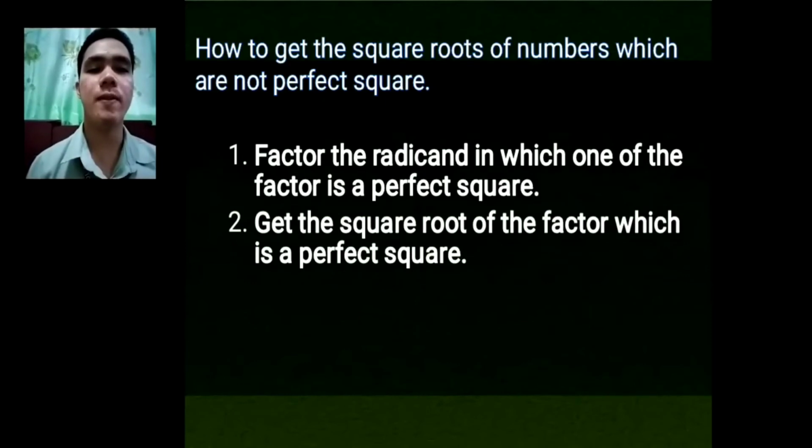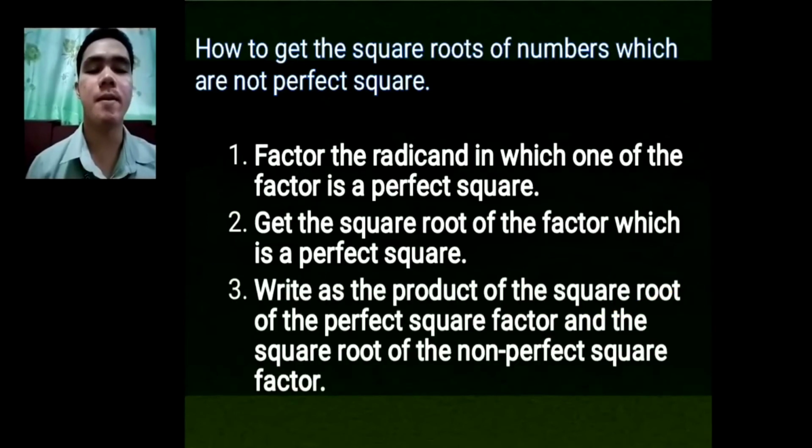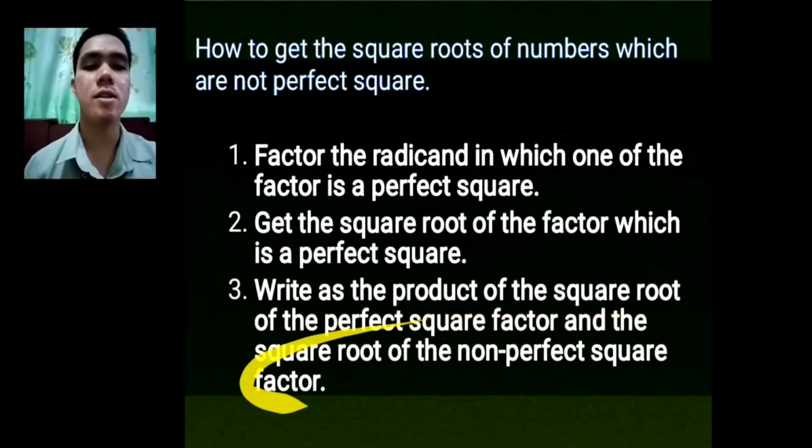Get the square root of the factor which is a perfect square, then write it as the product of the square root of the perfect square factor and the square root of the non-perfect square factor. After finding the square root of the perfect square factor, you put that outside the radical symbol. Then we have the remaining radicand, that is the non-perfect square factor.